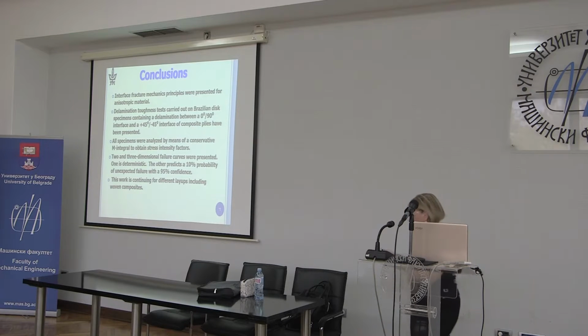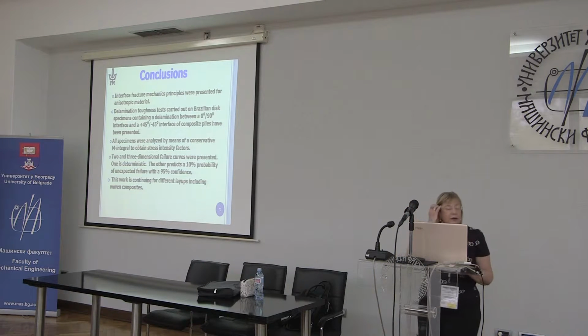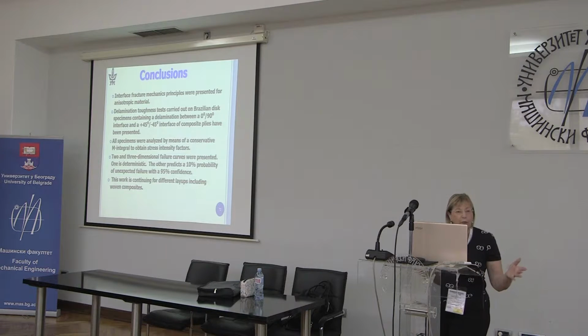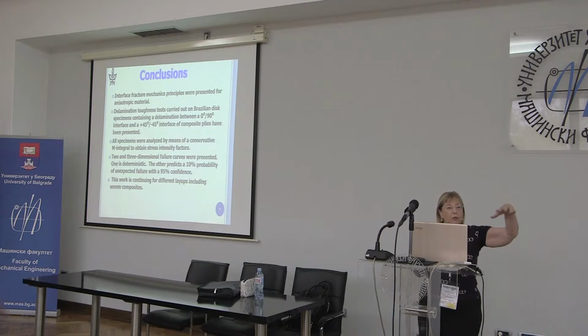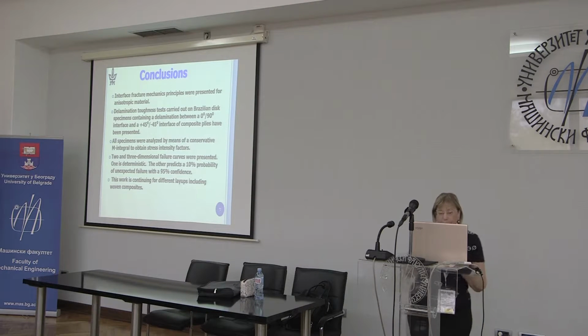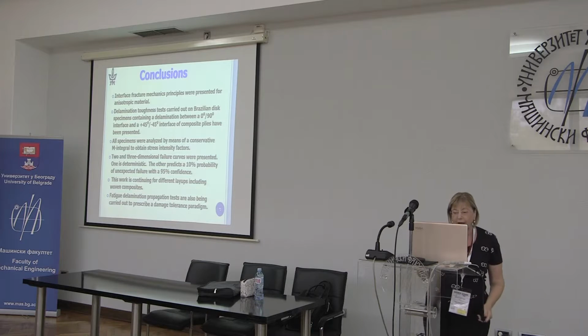So as I say here, we're working on different layups, including woven composites. We've also done tests on woven composites where the weave was 0-90 and above was plus 45, minus 45, 0-90, and so on and so forth. And we're still working on these.